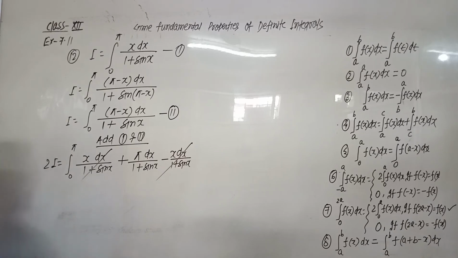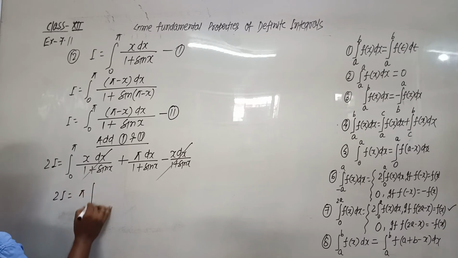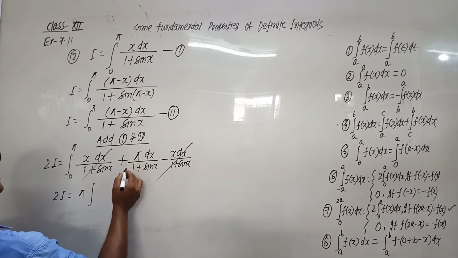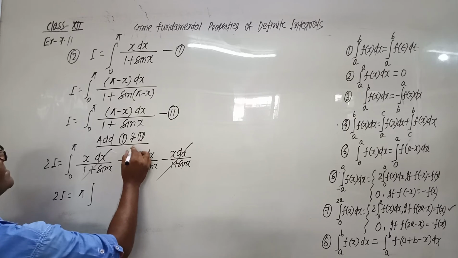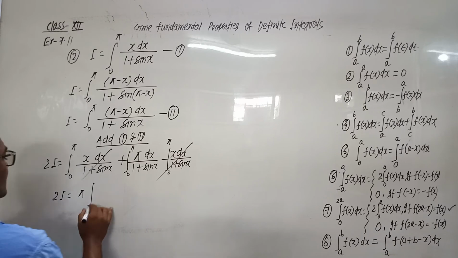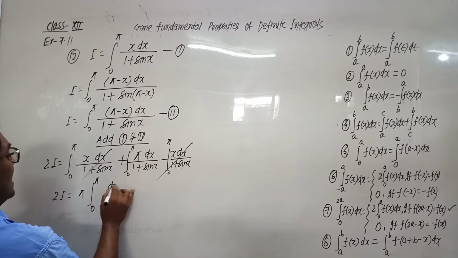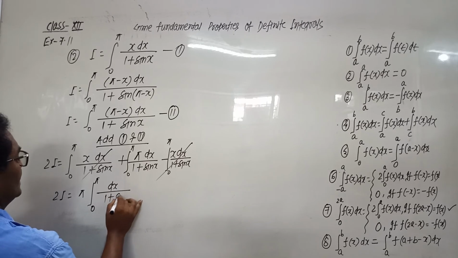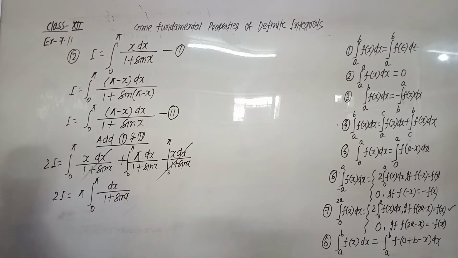So this minus and plus get cancelled, and pi is the constant term taken outside. Everywhere we have to use the integral sign from 0 to pi. So it remains pi outside, with limits 0 to pi and dx upon 1 plus sin x. So we get 2I equals pi times that integral, and so I equals pi by 2 times the integral from 0 to pi of dx upon 1 plus sin x.